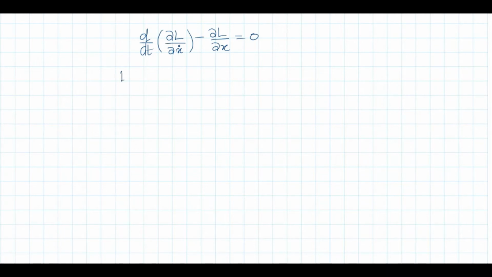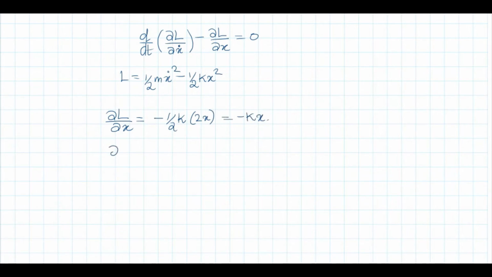We already know the value of L. It is half m x dot square minus half k x square. So we can easily find dou L by dou x, the partial derivative of L with respect to position. Half m x dot square will vanish because the partial derivative is with respect to x. For the second term, you will get minus half k into x square. Derivative with respect to x is 2x, so that will give you minus kx.